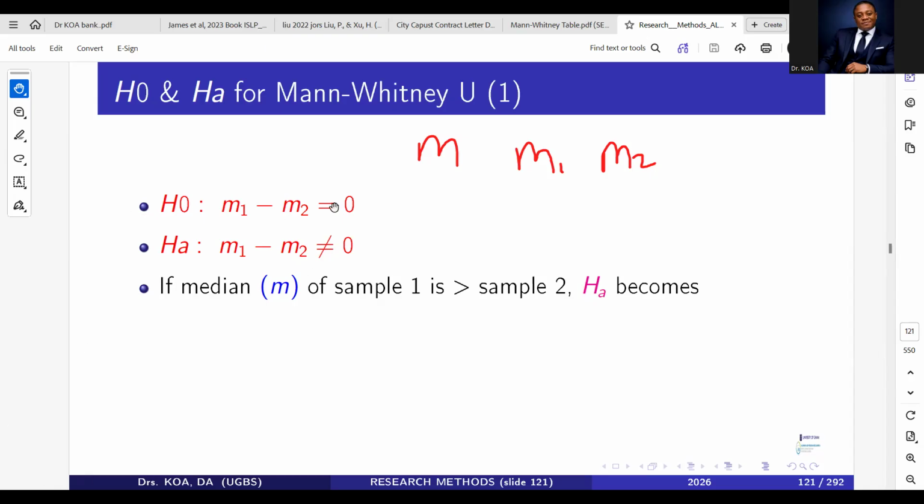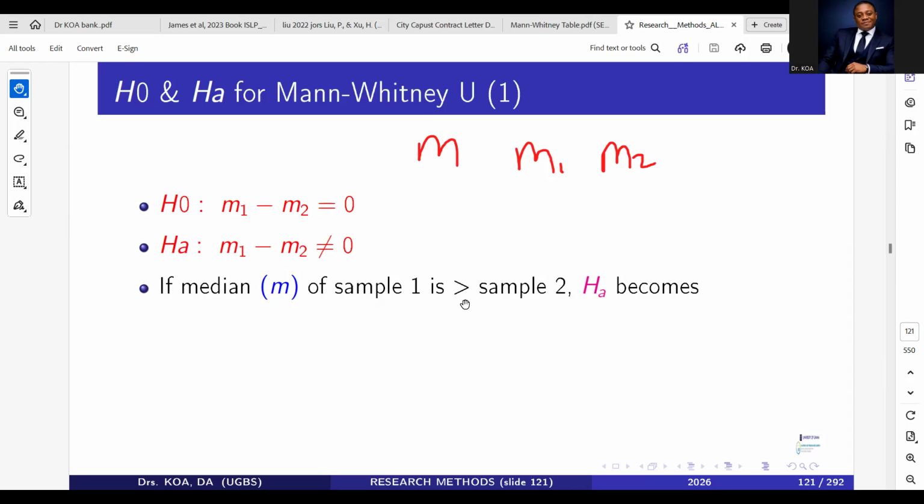Now, here I'm using equal to and its opposite, which is not equal to. But suppose the sentence was, if the median of the first sample is greater than the median of the second sample, then you're going to have greater than, and then its opposite.